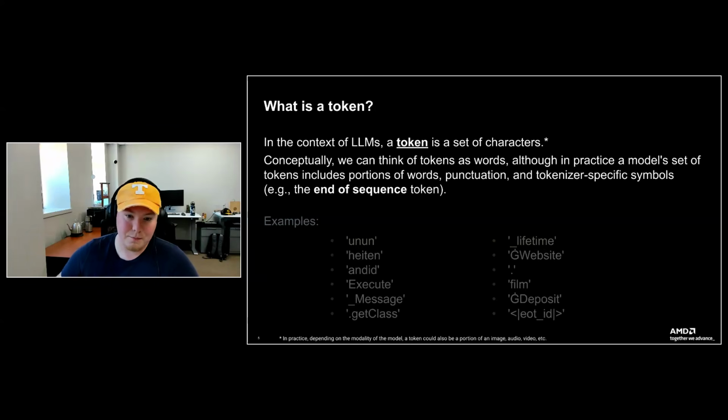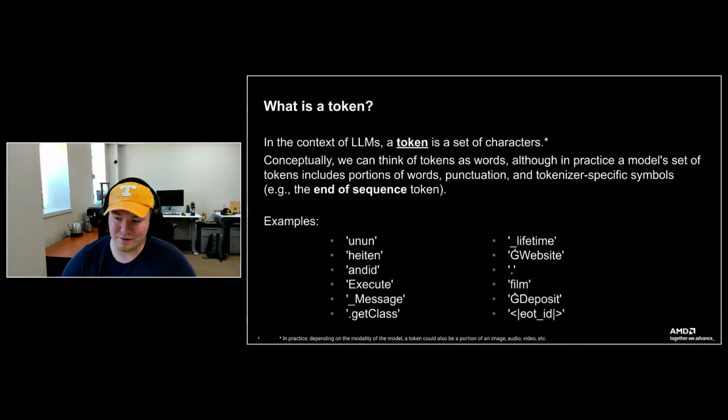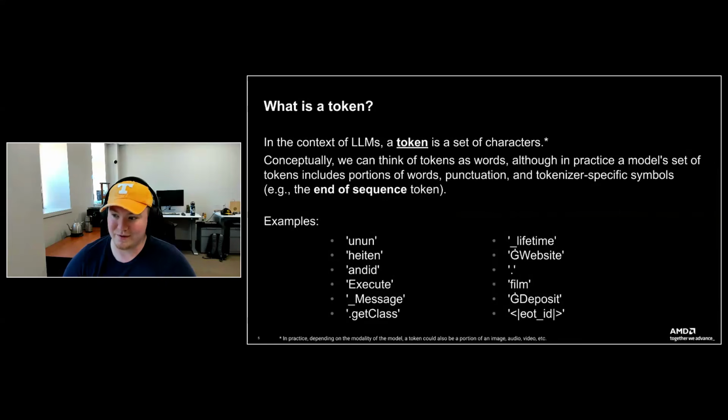Here are some tokens that I've actually generated, sampled from the Llama3 tokenizer. We can see some full English words here, such as execute and film, but there are also other words with interesting variations, such as message and lifetime with an underscore prepending them, and deposit and website with a G dot prepending it.